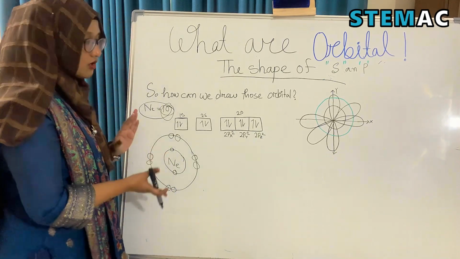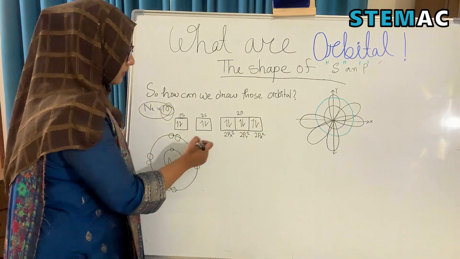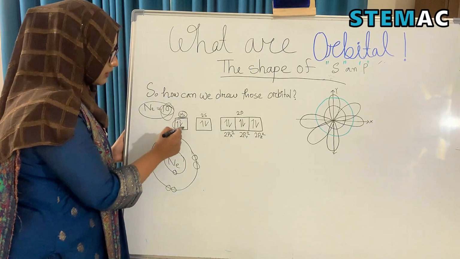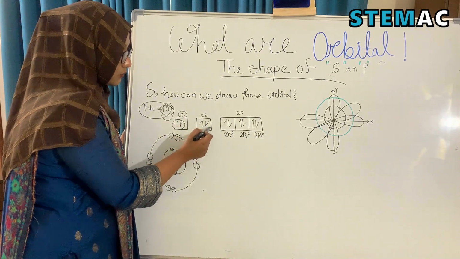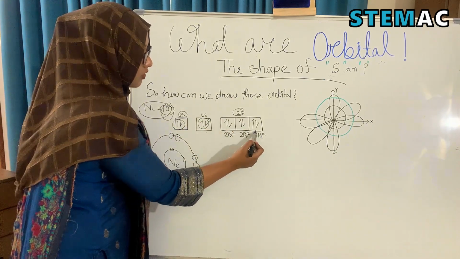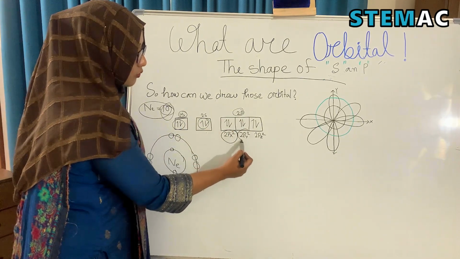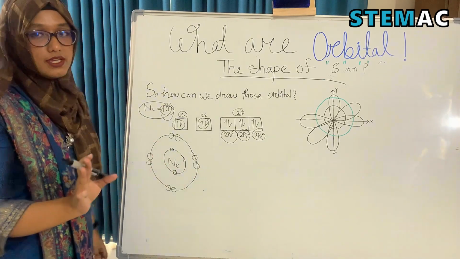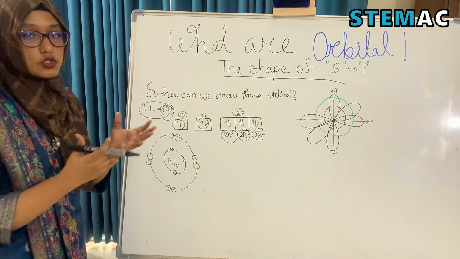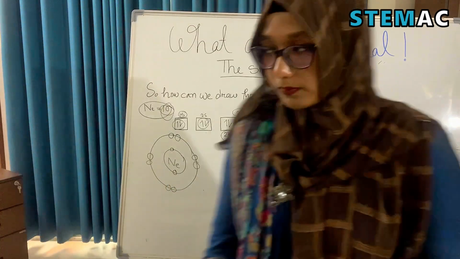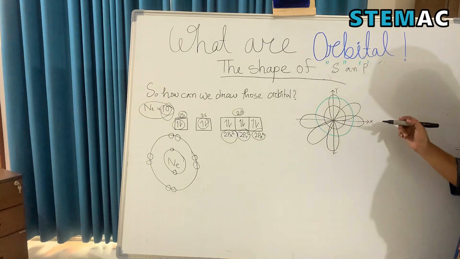So this is the normal shape, and here we're gonna see that in 1s we have 2 electrons. In 2s we have 2 electrons, and in 2p we have 3 boxes, which consist of 2px square, 2py square, 2pz square, which we learned previously. So how do we show those numbers in orbitals?